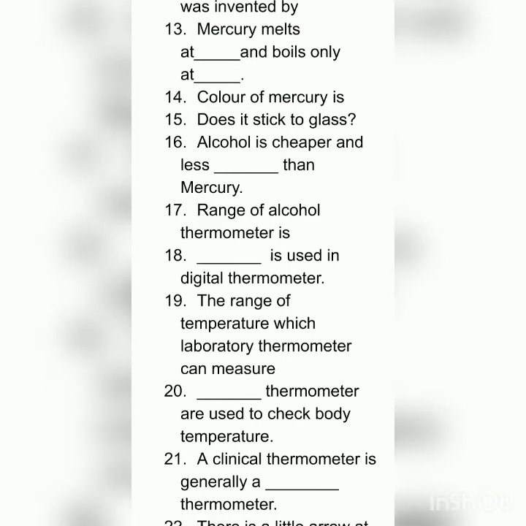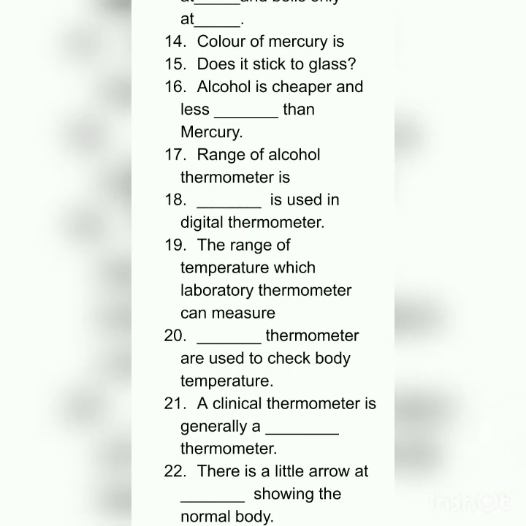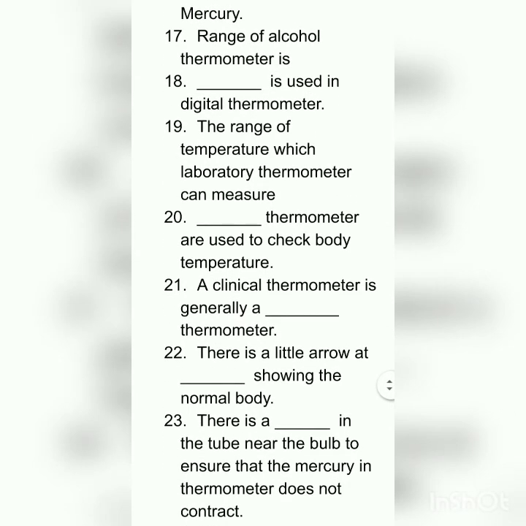What is the range of temperature which laboratory thermometer can measure? The range of laboratory thermometer is minus 10 degrees Celsius to 110 degrees Celsius. Okay. Now next, which thermometer is used to check the body temperature? Clinical thermometer.